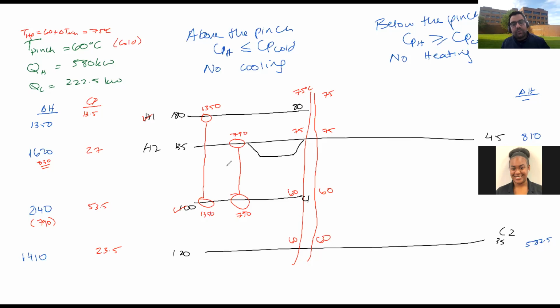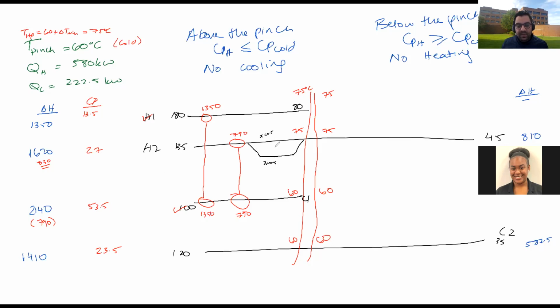The logic of splitting this stream is that the CP for this hot stream is larger than the CP for this cool stream, so by splitting the stream, I can split the CP between these two streams. So let's say I do a 50-50 split, right? So the X here is 0.5 and the X here is equal to 0.5.